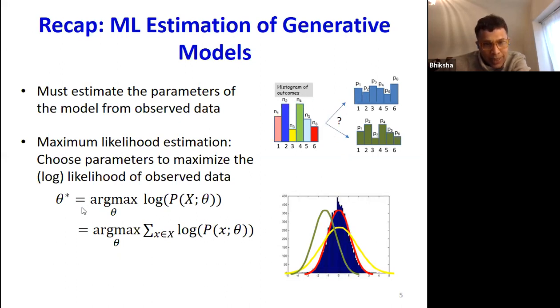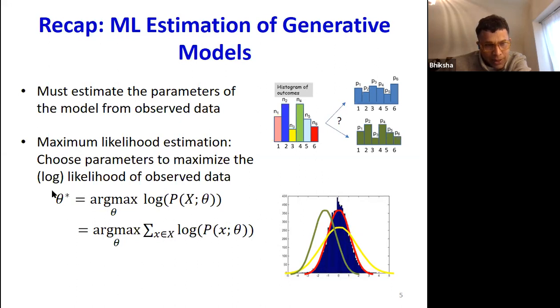And so the maximum likelihood estimation process said that given a collection of observations, you choose a parametric form for the distribution you assign to it. You choose the parameters such that the log likelihood, the log probability of the observed data, is maximized. And if your data consists of a large number of independent observations, then you maximize the sum over all observations of the log probability of the individual observations with respect to your parameters.